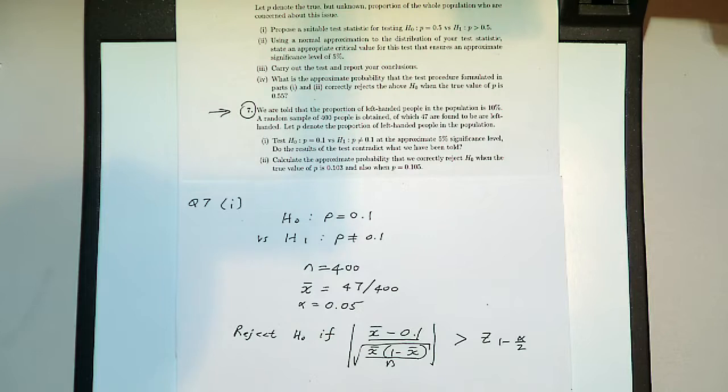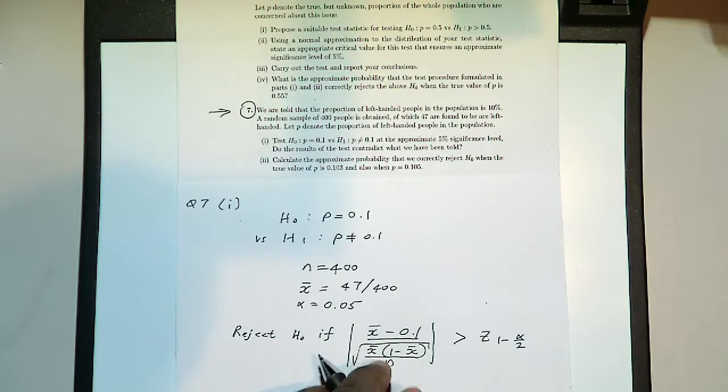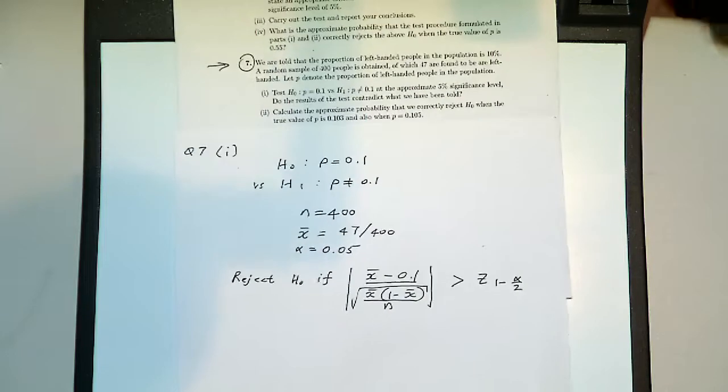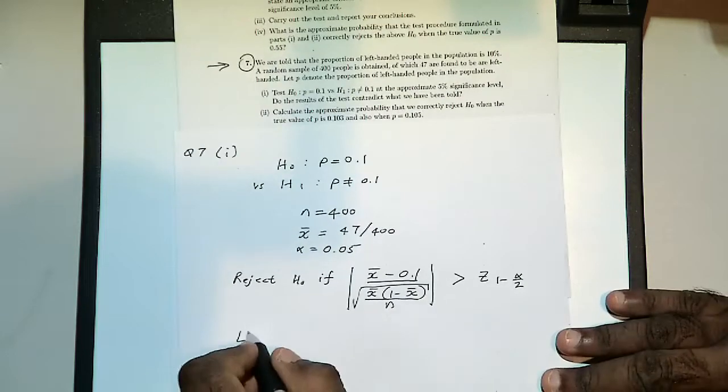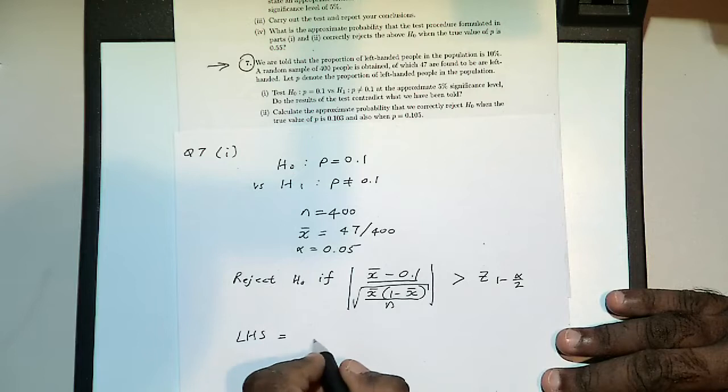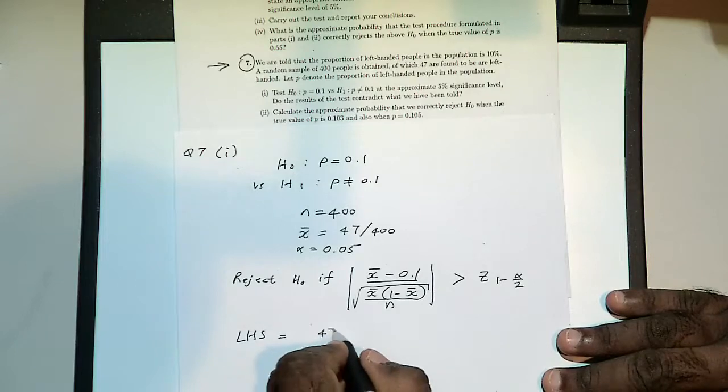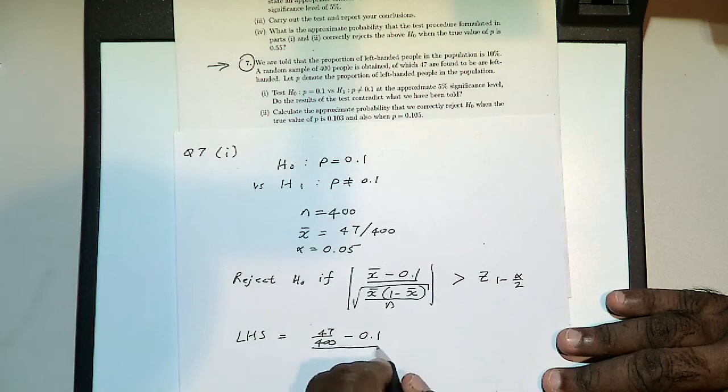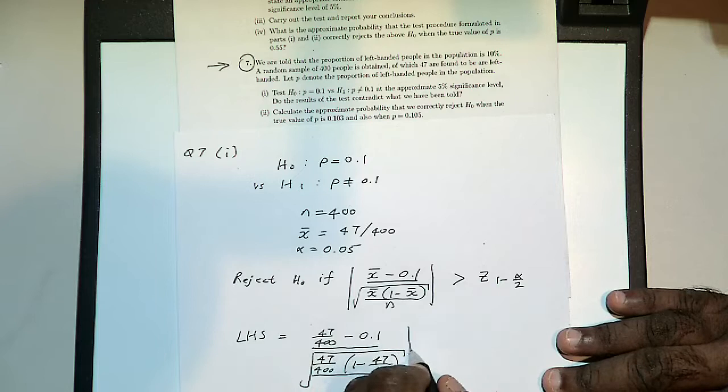So let's try to work out the left-hand side and the right-hand side of this rule. The left-hand side is going to be X bar, 47 divided by 400, minus 0.1, divided by the square root of P0 times (1 minus P0) over n, with n being 400.